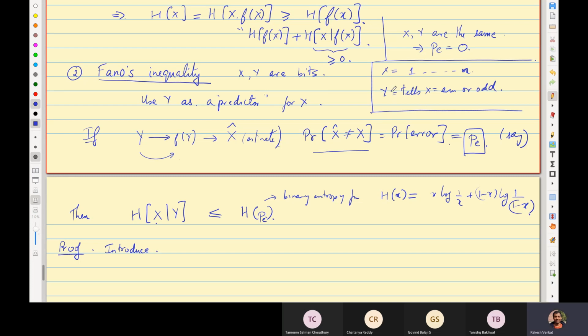Now, y is revealing some information about x, but it is quite small. It reduces the domain to be uniform on n over 2 numbers. And from that, the best you can do for guessing x is to guess correctly with probability 1 over n over 2. So it does reduce, but the probability of error is 1 minus 1 over n over 2.